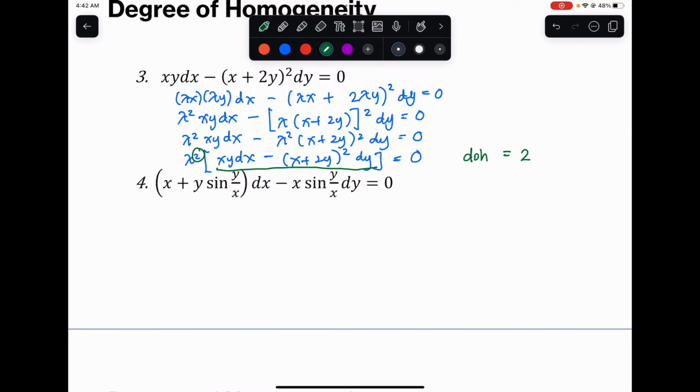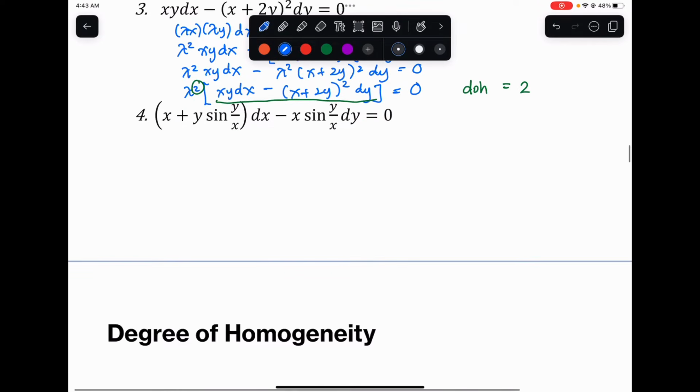Okay, so what if we are given this? x plus y sine y over x dx minus x sine y over x dy is equal to 0. This is still a homogeneous equation. Okay, so we just follow the substitution. So lambda x plus lambda y, then sine lambda y over lambda x.